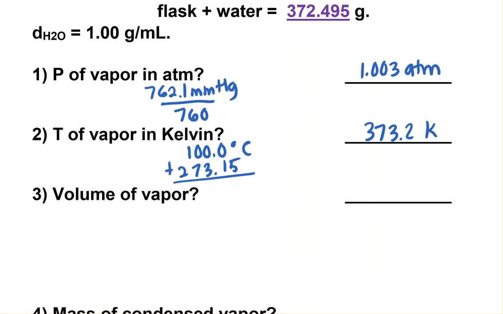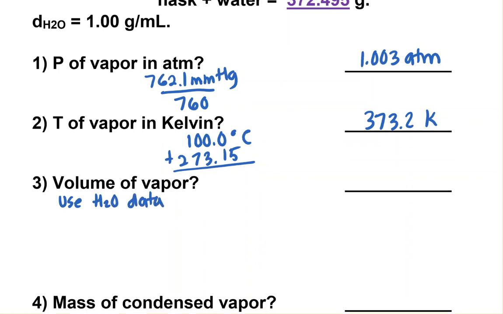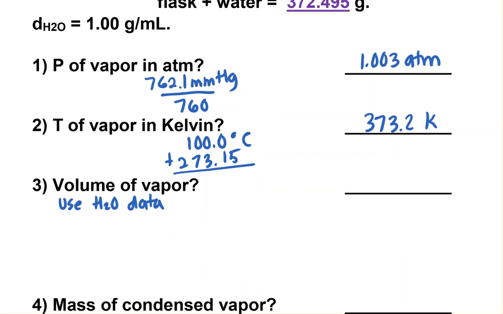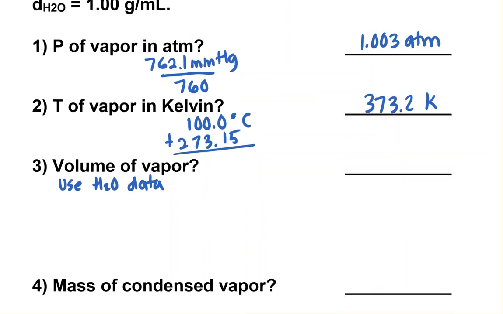And then what is the volume of the vapor? This is the trickier one. This is where you use water to find out. So what you do is you take the mass with the water in the flask. So it was 372 point.